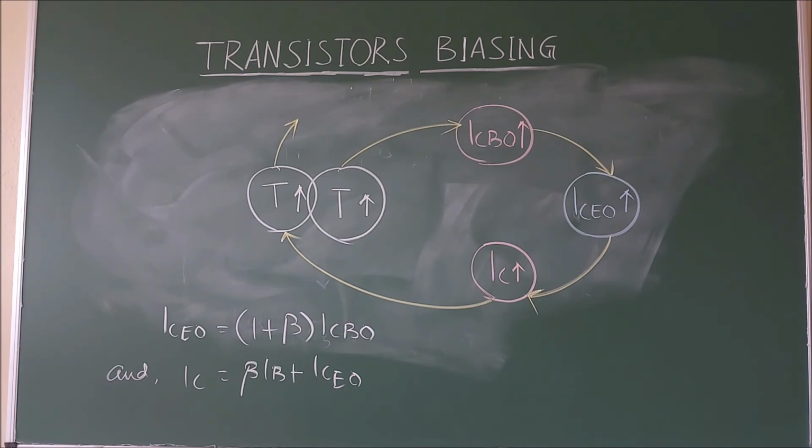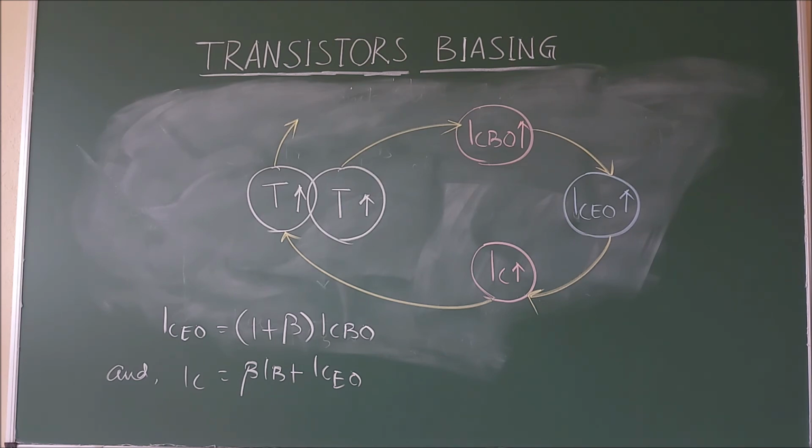As we know the relation, ICEO equals (1 plus beta) into ICBO, and IC is equal to beta into IB plus ICEO. Therefore, ICBO increases and it would increase ICEO, which results in IC increasing.